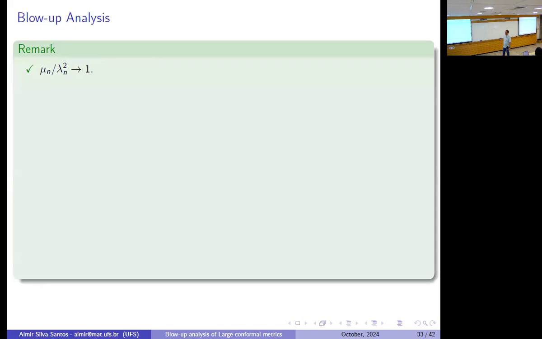The relationship between m and lambda n is given by this convergence. This quotient goes to 1.